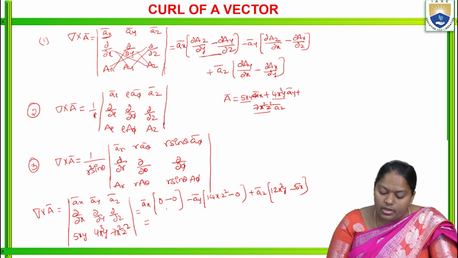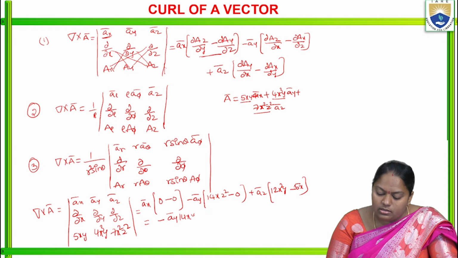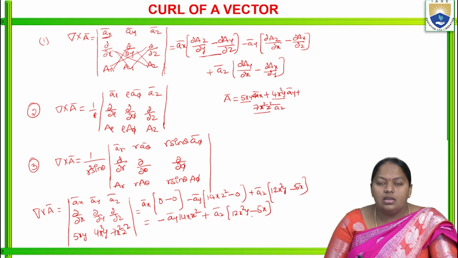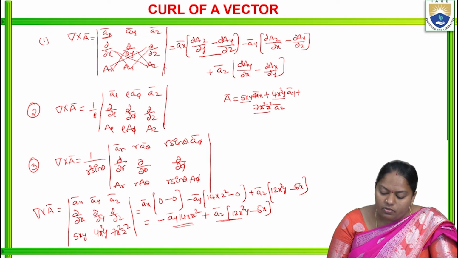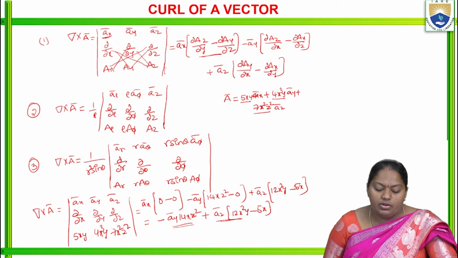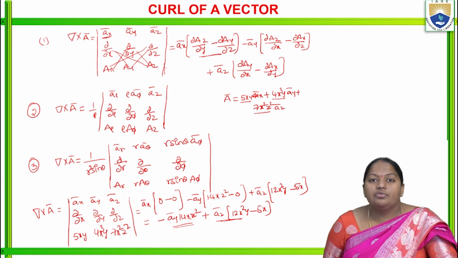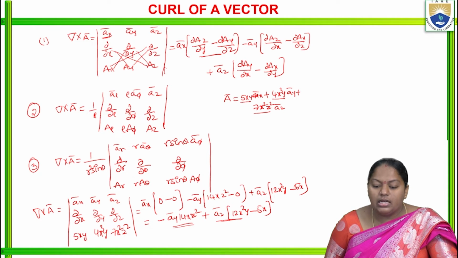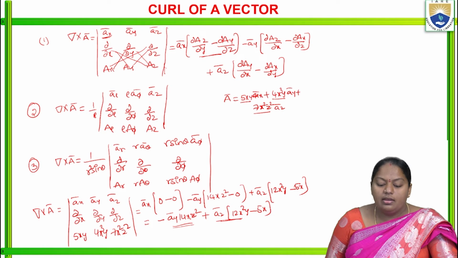Which is equal to ax into 0, minus ay into 14x z square, plus az into 12x square y minus 5x. Upon simplifying, the curl of a vector field yields a vector. This is how the third type of del operator operation is evaluated.